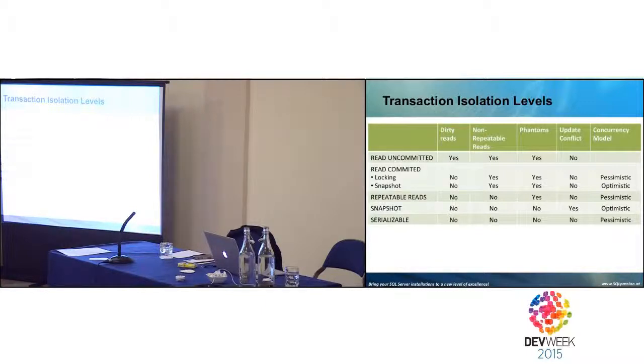Means you also have to choose your isolation level accordingly. You can't run every transaction with read uncommitted because you just return inconsistent data. On the other hand, your performance would be great because there's no blocking, no locking. On the other hand, you can't run every transaction in the isolation level serializable.